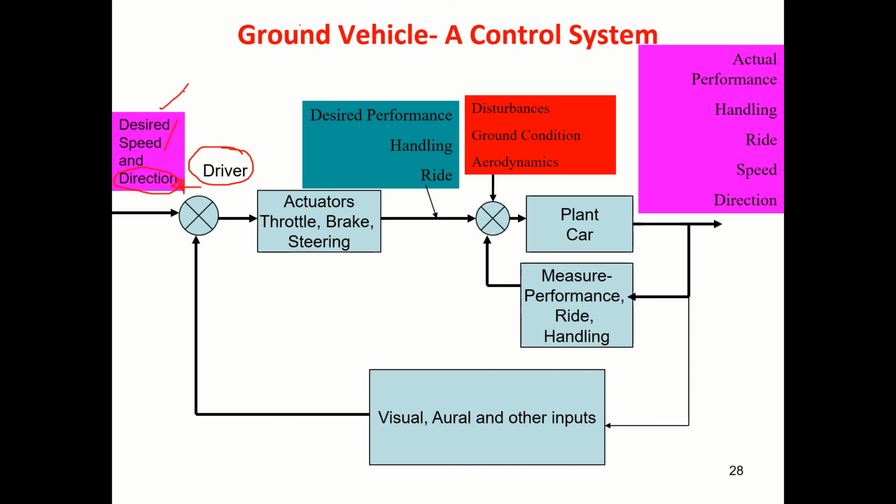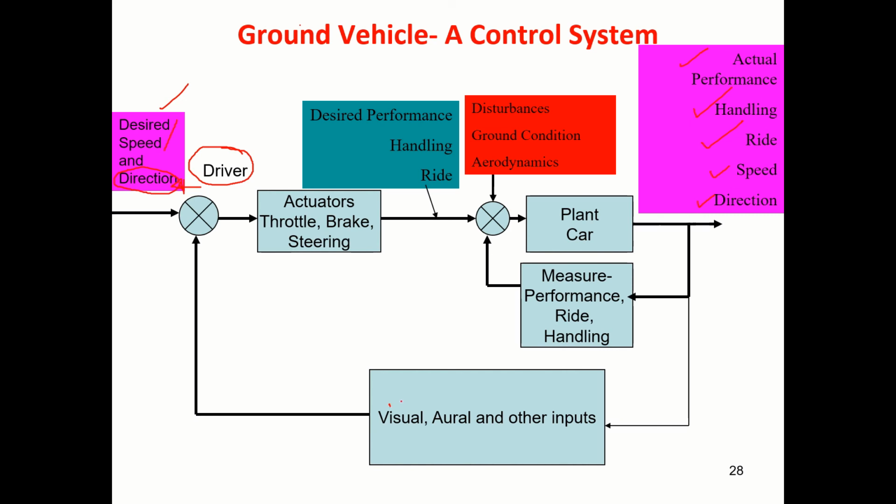That's important. This is the input. So here the outputs are vehicle performance, which means a speed related issue, a maneuvering issue, correct, maneuvering the vehicle, comfort, vehicle speed, vehicle direction, correct.